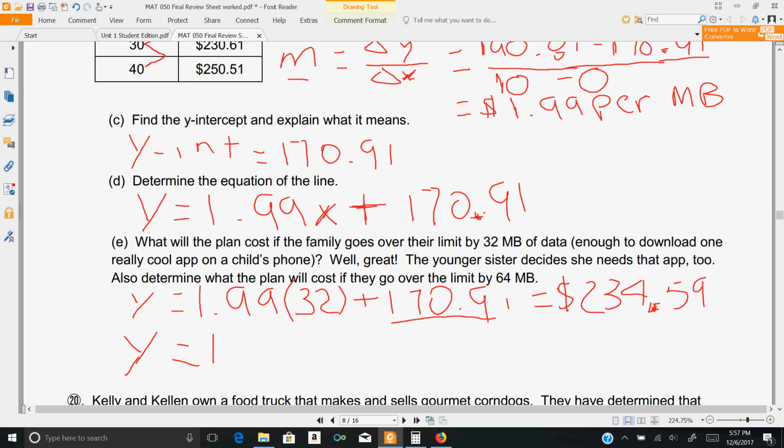So we actually have to do 1.99 times 64. And then add the y-intercept. So only the 1.99 gets doubled. Once again, use your imagination. Pretend that's a decimal point. Okay.